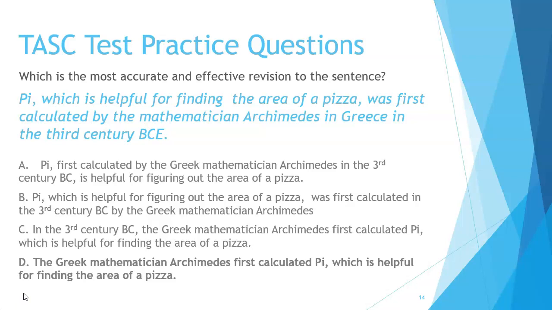Usually, but not always, you have the subject at the beginning of the sentence, instead of like in choice C where you have this phrase within, and in choice A and B where you have this phrase between a pair of commas.